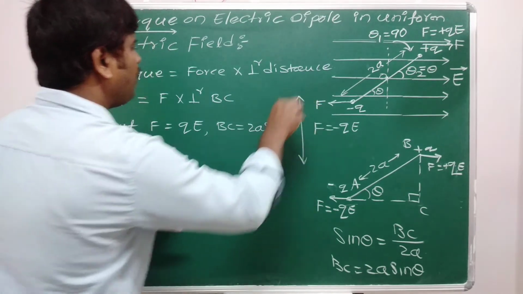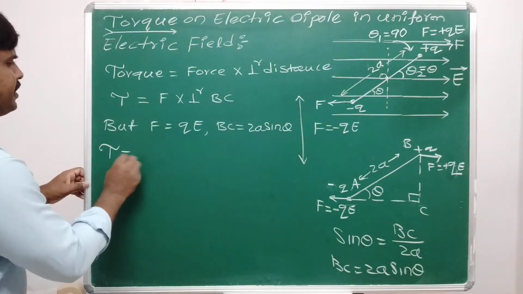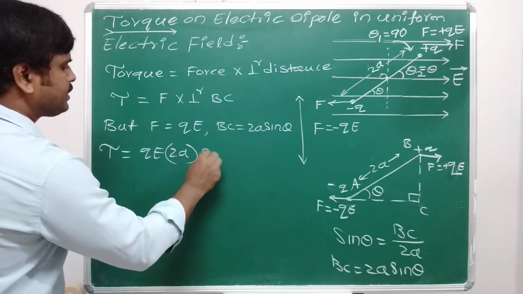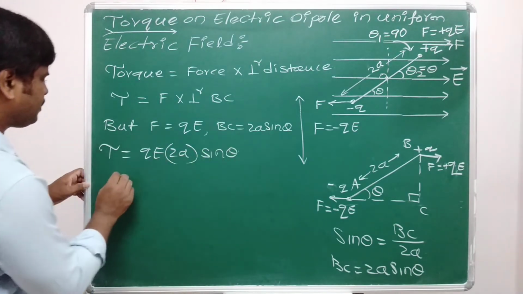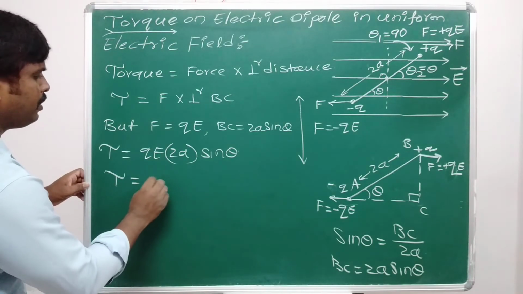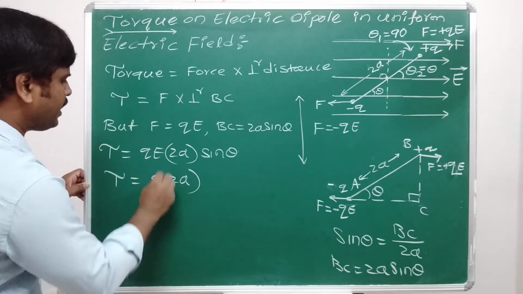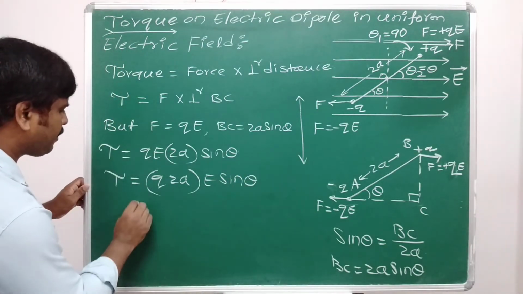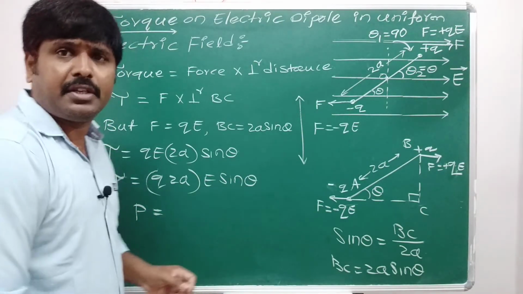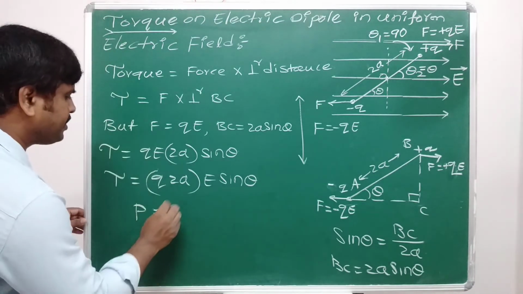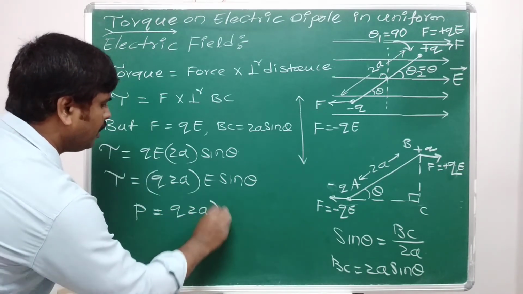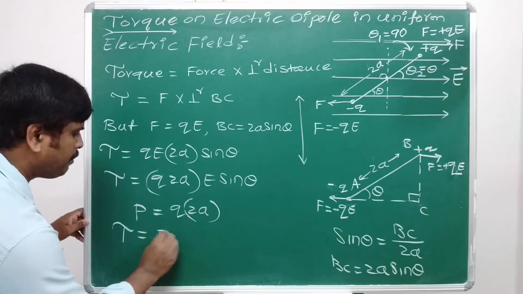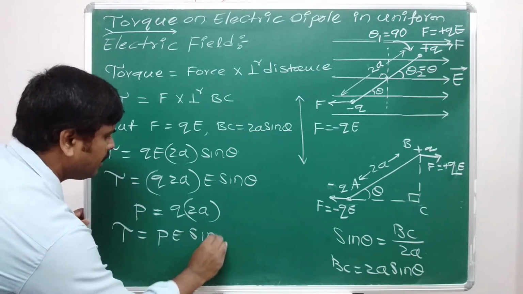Now torque is equal to QE into 2A sine theta. So tau is equal to Q into 2A E sine theta. Here P is the electric dipole moment, P equal to Q into 2A. So tau is equal to PE sine theta.